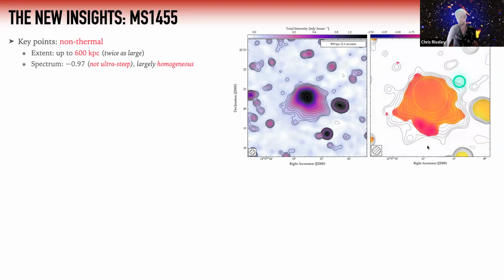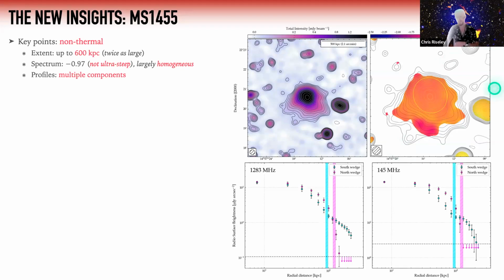The spectrum, which you're seeing here on the right, is not ultra steep. We have a spectral index of around -1, whereas previous studies of mini halos always said that the spectral index was very steep, typically -1.3, -1.5 or steeper. But perhaps that is related to the quality of previous data sets. And as you can see from the overall orange to slightly pinky tinged color here, the spectrum is rather homogeneous across the mini halo.